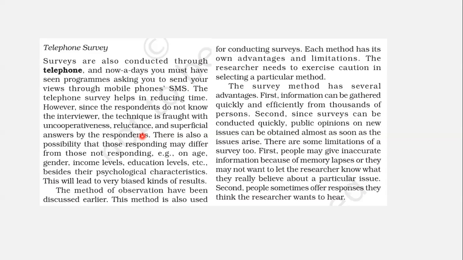But you cannot expect the quality of a personal interview or questionnaire method. There is also a possibility that those responding may differ from those not responding, for example in age, gender, income levels, education levels, besides their psychological characteristics. As it is by telephone, you may not know completely, but you can get the overall opinion, though it is not 100% accurate.